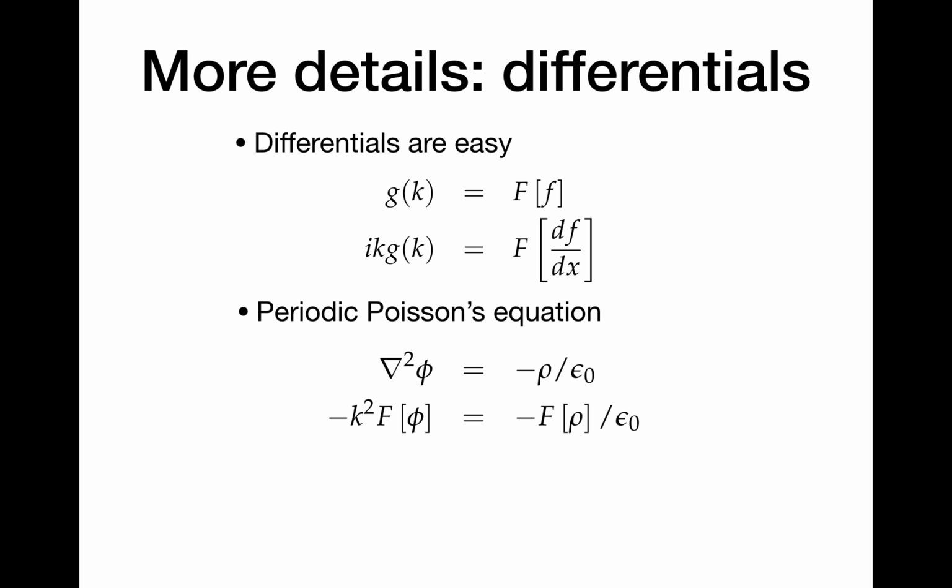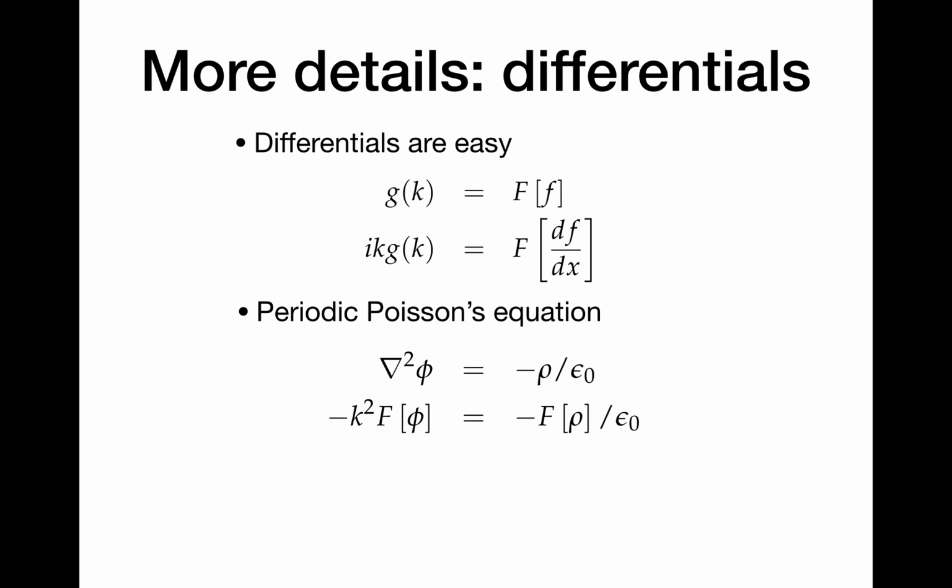You have to be, of course, careful where k squared is equal to naught, because that would involve dividing by 0. Fortunately, you can show quite simply that the Fourier transform at that point is equal to the integral of the charge density over your domain. Now, if you have a periodic charge density which is not charge neutral, then you're going to have an infinite energy, which is generally considered to be a bad thing.